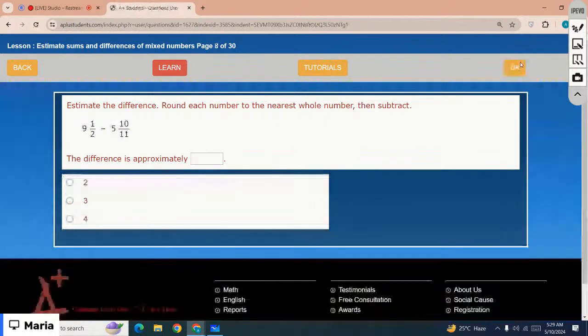The next one is 9 whole 1 by 2 minus 5 whole 10 over 11. So which is the correct option?